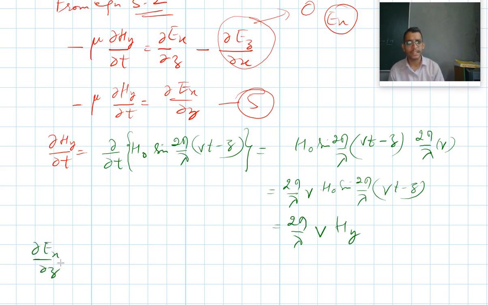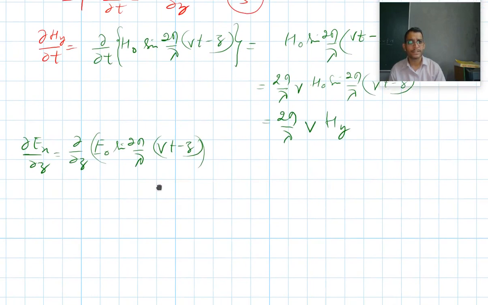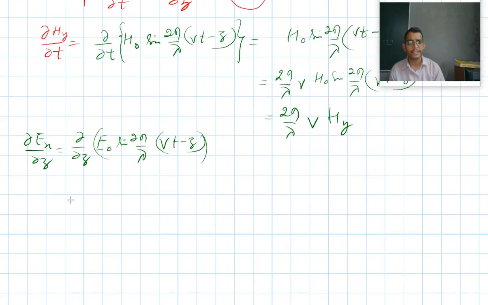Similarly I can calculate ∂Ex/∂z. Ex is E naught sine of 2 pi by lambda (vt minus z). If I take its derivative with respect to z, it is E naught sine of 2 pi by lambda (vt minus z) into minus 2 pi by lambda.